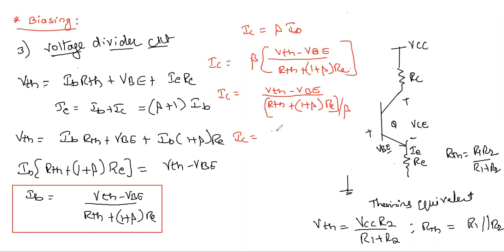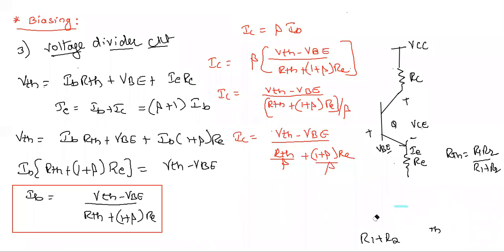So the value of IC is VTH minus VBE divided by RTH by beta plus 1 plus beta into RE divided by beta. Now the value of 1 plus beta is approximately equal to beta, we can neglect 1 because the value of beta will be in the range of 200.